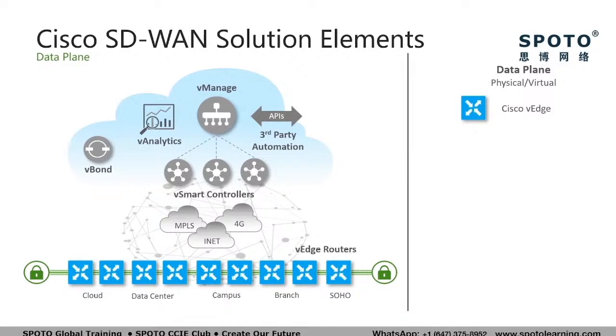Physical form factors are deployed as appliances with either 100 megabit, 1 gigabit, or 10 gigabit based on the throughput needs. The virtual form factor can be deployed in public clouds such as AWS and Microsoft Azure, or as an NFV on the vCPE, uCPE platforms, leveraging KVM or ESXi hypervisors.